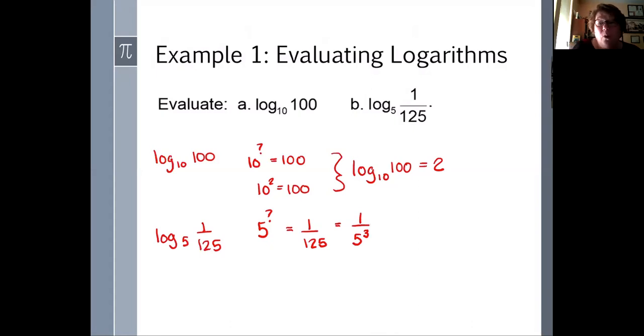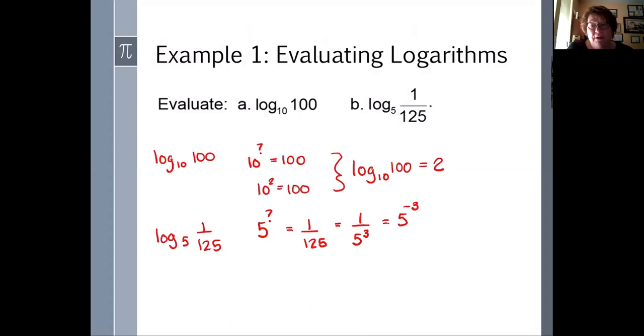So I can write 1 over 5 to the third as 5 to the negative 3. They're the same thing. Remember that negative means to take the reciprocal of that number raised to that power.